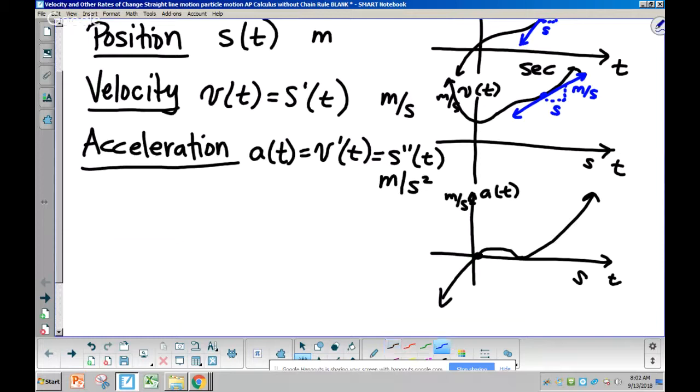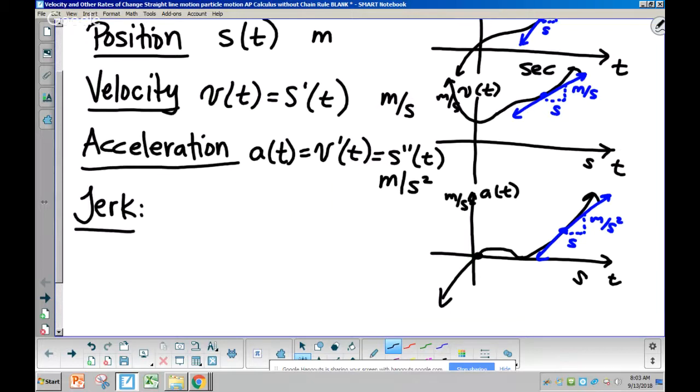And if I'm considering the slope of the tangent line to this function, the tangent line slope is going to have what units? Meters per second squared, and the run will be seconds. And that slope, or instantaneous rate of change of the acceleration, is going to be what we call jerk.